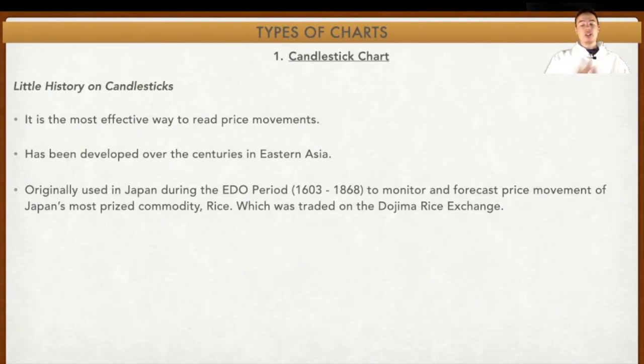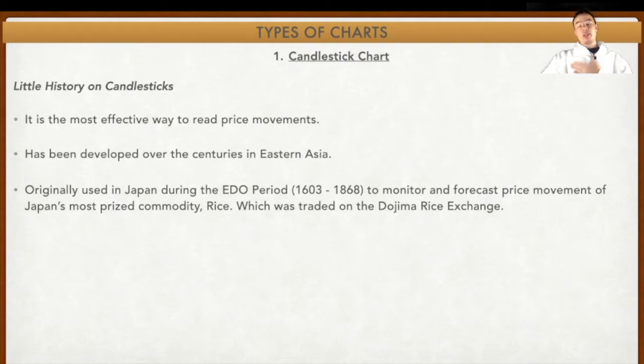Not gold, not silver, yes, rice. Okay, that was their most prized commodity, probably still is. Some things are traded on other stock markets like JSE and whatever, and this was traded on a rice exchange called the Dojima Rice Exchange.